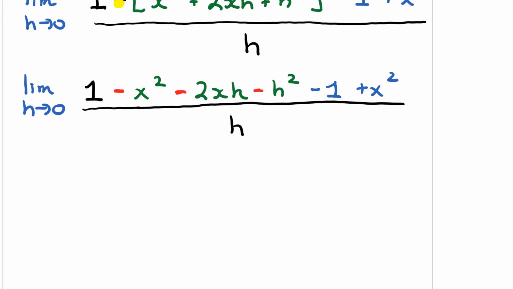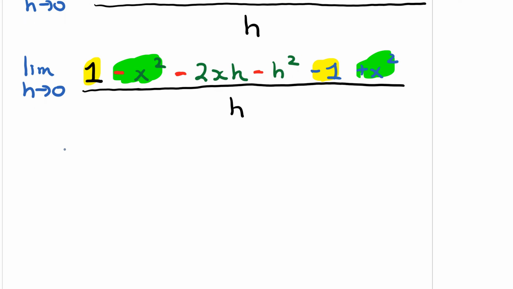Now let's look at the numerator, where we can collect and cancel like terms. I have a positive 1 here and a -1, so that will cancel off. I have a negative x squared here and a positive x squared there, so that will cancel off. At the end of the day, once I combine the like terms, I'm left with a -2xh and another -h squared, and that's all being divided by an h.